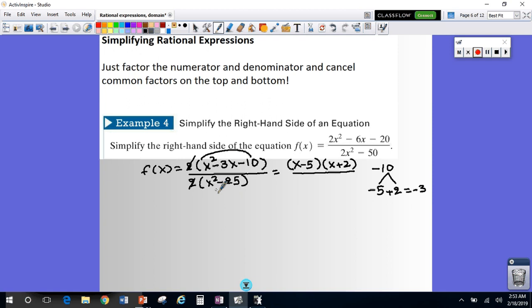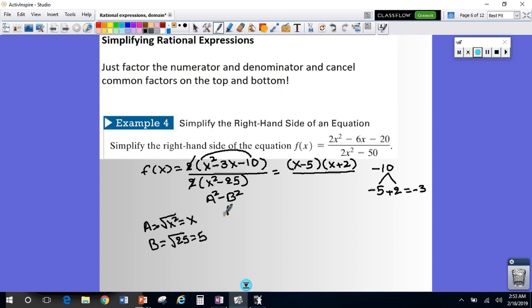Divided by, so what about the denominator? This is in the form of a square minus b square, right? So how do you find out your a? A equals square root of x square, which gives you x. B equals square root of 25, which gives you 5.